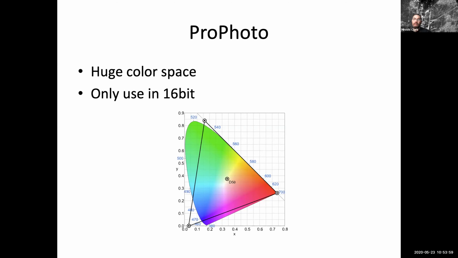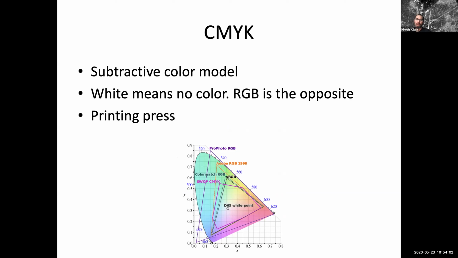Okay. And then lastly, we have CMYK, which is a completely different kind of color space. Now, Adobe, sRGB, and ProPhoto are all RGB spaces. CMYK stands for cyan, magenta, yellow, and black. These colors are subtractive, so when you subtract these colors, you get black.